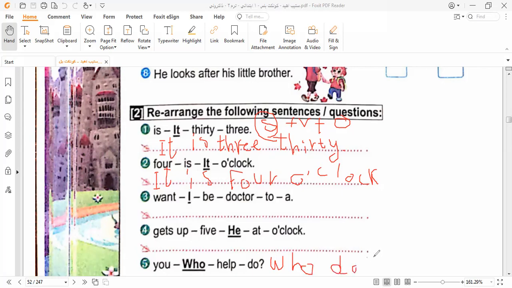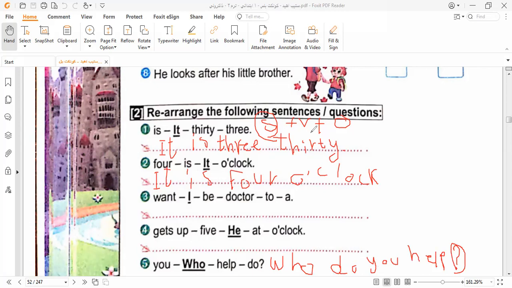And what do I put at the end of the sentence? I put a question mark. Don't forget, grade 1, to put a question mark here.